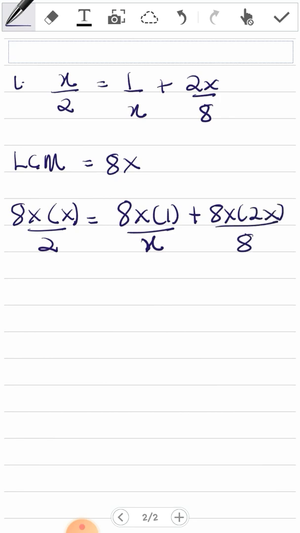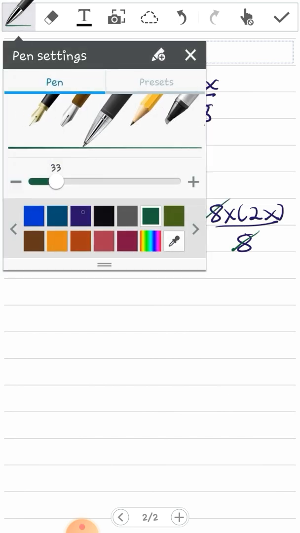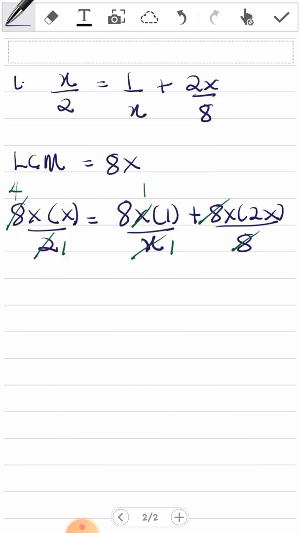So over here we could do some cancellation. You can see 2 goes here 1, 2 goes here 4. Let me use a different color. So 1, 4, 1, 8 cancels 8. Can you see that? Exactly.